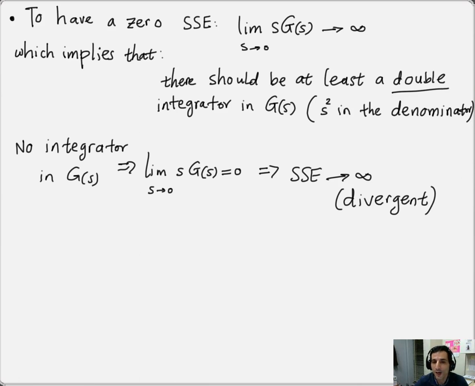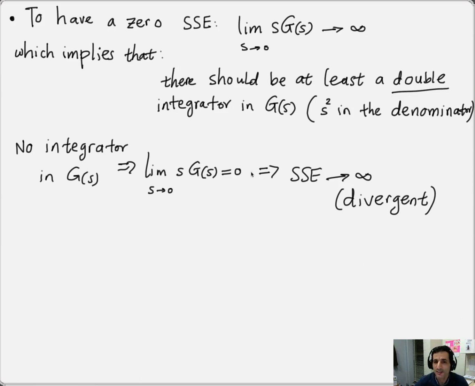Now, if you do not have an integrator in G of s, what does that mean? When you take the limit of sG of s, exactly because you do not have any integrator in G of s, the limit of sG of s is simply 0.